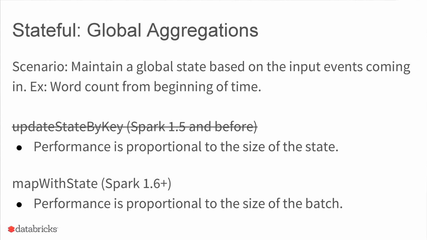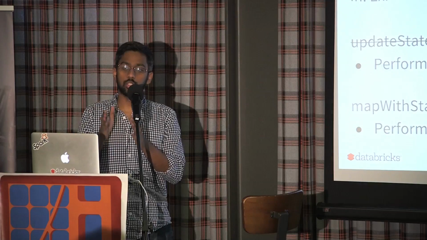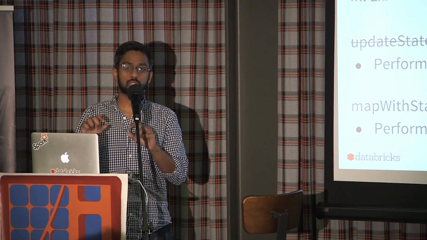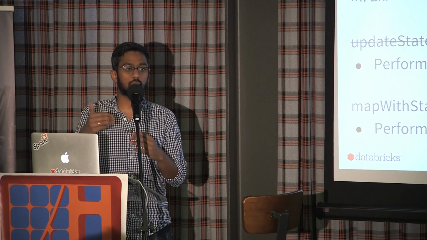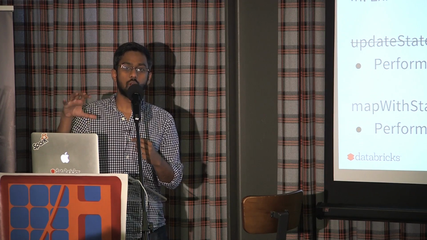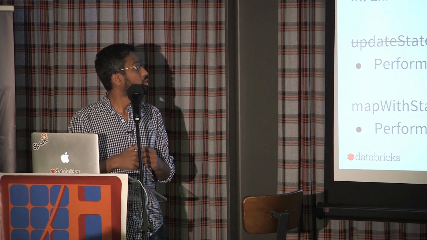The next common scenario is doing a global word count, or maintaining some state across time from the beginning of time. For example, if users are browsing through a website and you are collecting all the information and you want to build a user session, like you want to do sessionization and maintain a global state of all the sessions that are there.